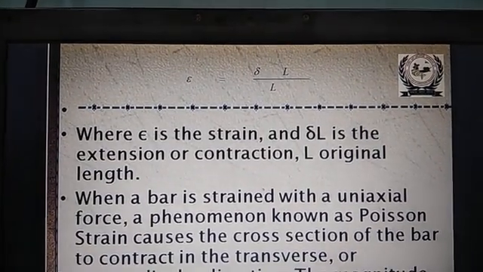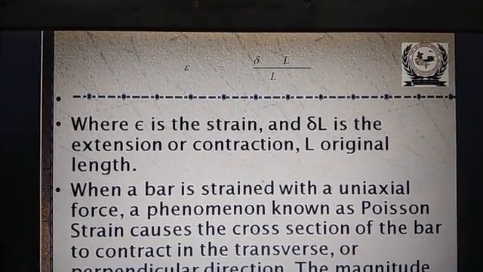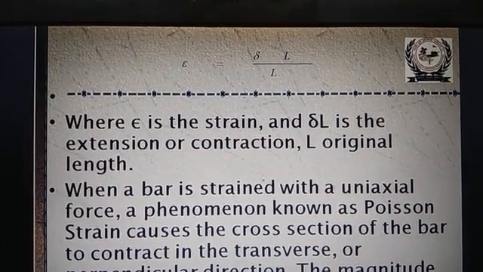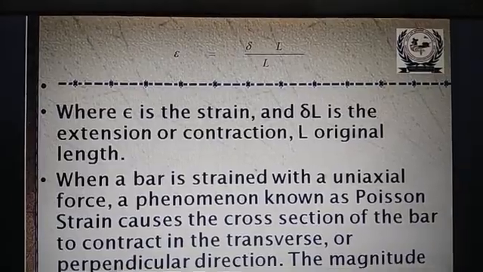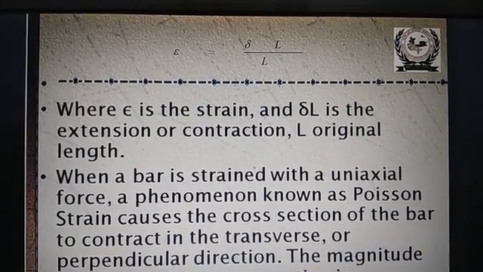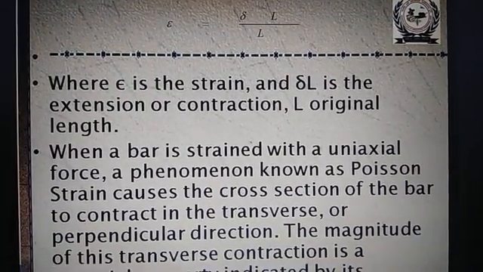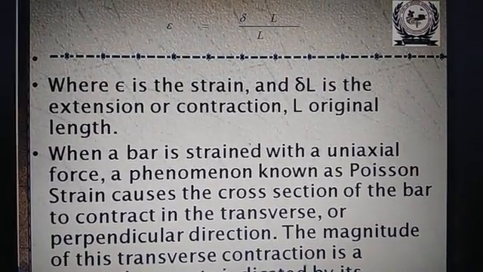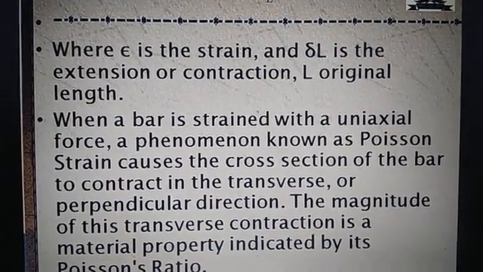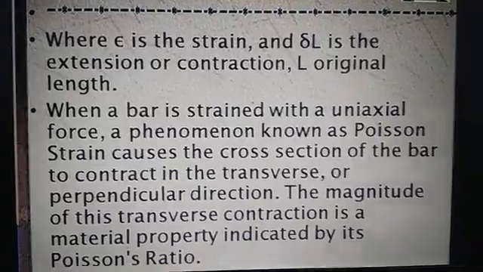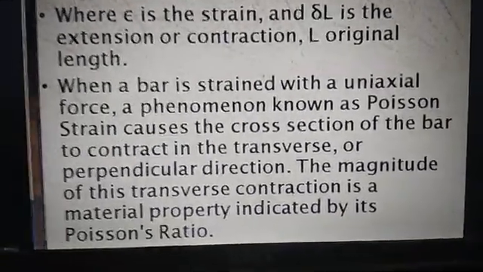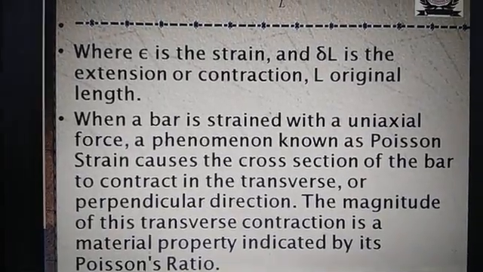When a bar is strained with a uniaxial force, a phenomenon known as Poisson strain causes the cross section of the bar to contract in the transverse or perpendicular direction. The magnitude of this transverse contraction is a material property indicated by its Poisson's ratio.